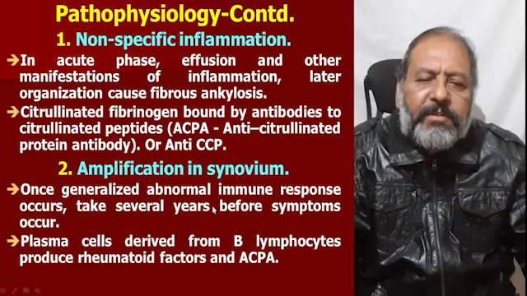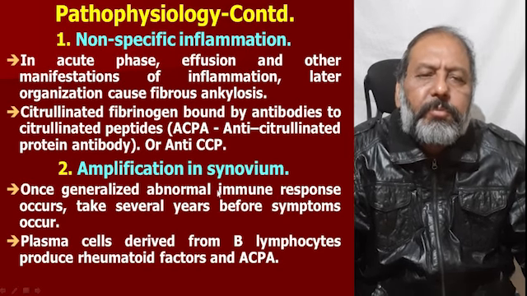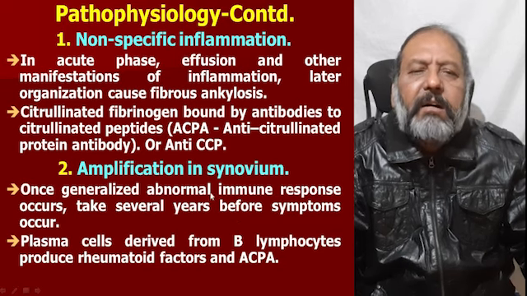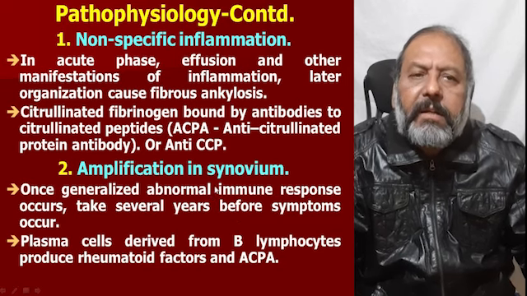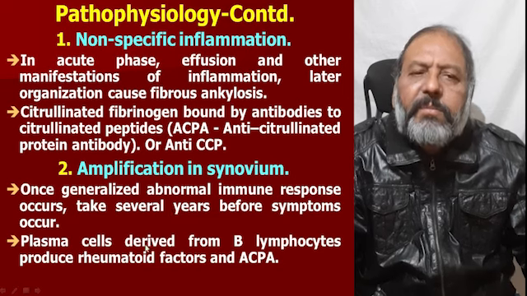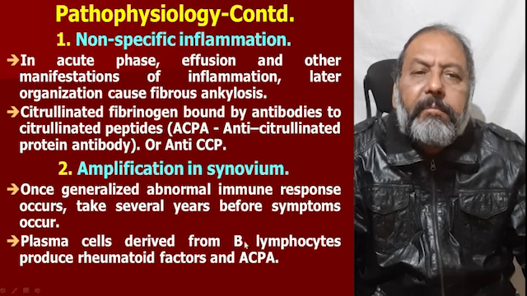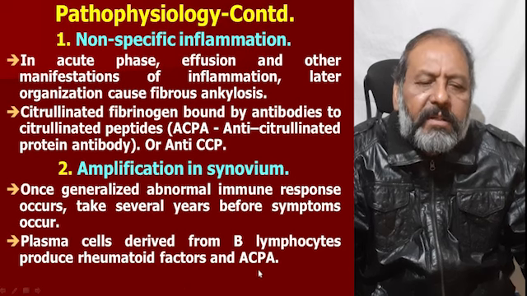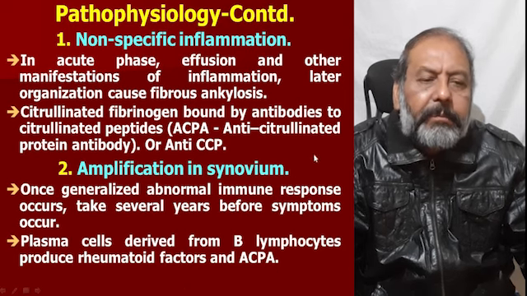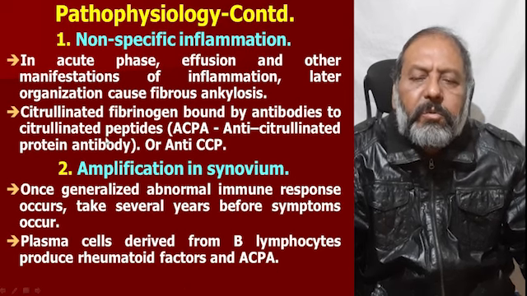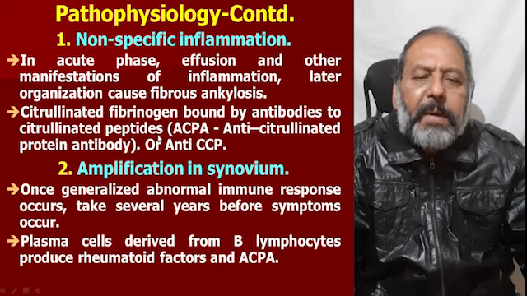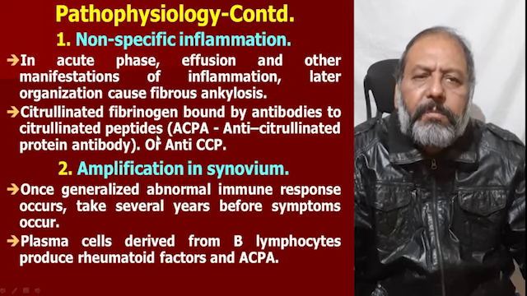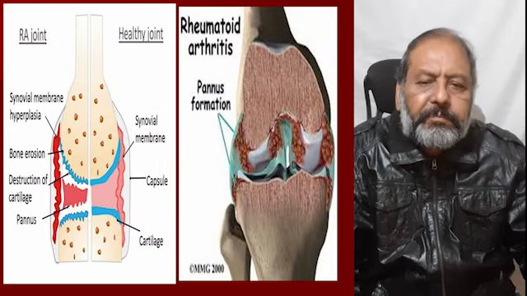Once a generalized abnormal immune response occurs, it takes several years before the symptoms of rheumatoid arthritis occur. Plasma cells derived from B lymphocytes produce rheumatoid factors and ACPA, which is the hallmark for the diagnosis of rheumatoid arthritis.